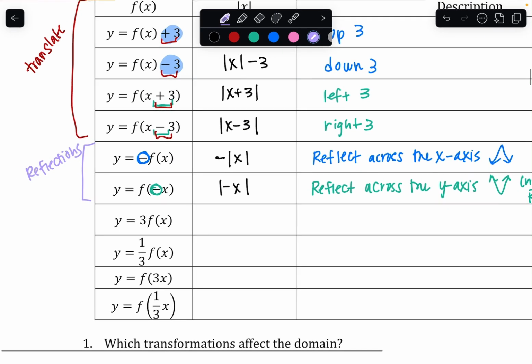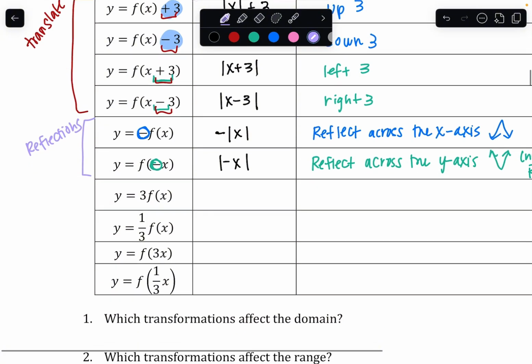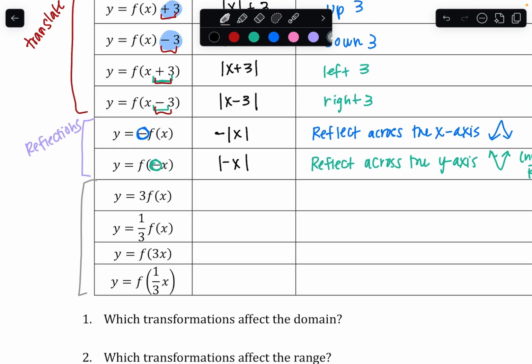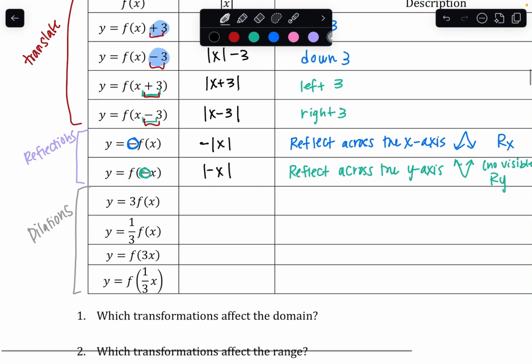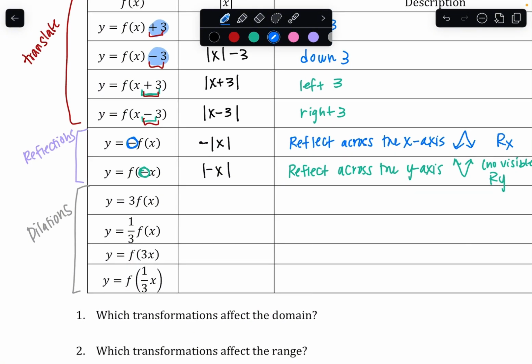The last section we're going to talk about are stretches and compressions, which are called dilations, if you remember that from geometry, but we're very specific in algebra. So dilations, if you have a scale factor outside the function, it's going to be outside the bars.